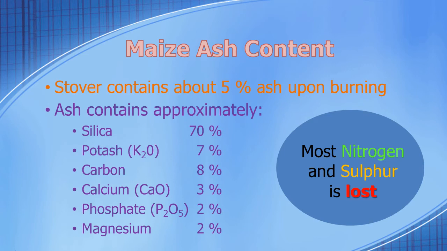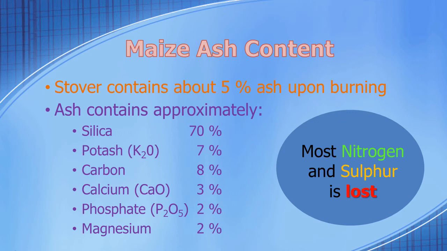Finally, let's consider how much nutrients are lost or made available when maize stover is burnt. Now, the ash content of maize when burnt is about 5%. So if you have let's say a 10-ton crop of maize and you burn it, the ash remaining will be about 500 kilograms per hectare.